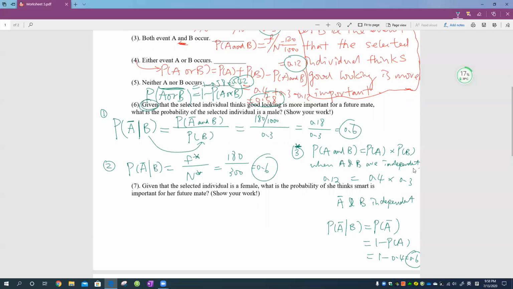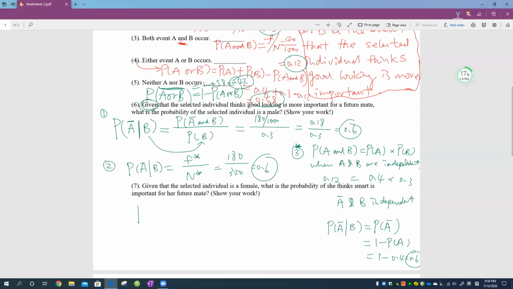And question number 7: given that the selected individual is a female, what is the probability that she thinks smart is more important? For this one, we'll just use the first way, the formula way, which is guaranteed to give you a result if you can write down the stat notation.